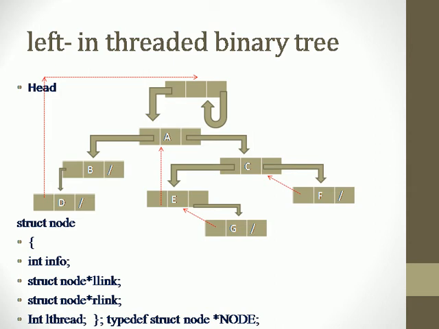As discussed in the previous slide, the in-order predecessor node is used to create the left in-threaded binary tree. So we can see that D has its left link null, and it is joined to the header node.